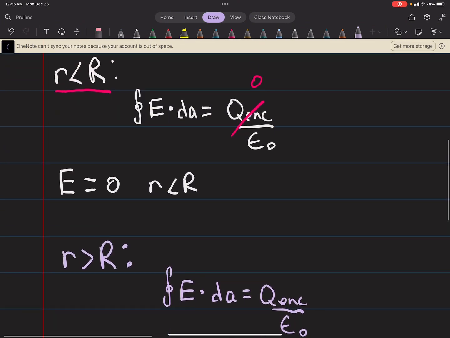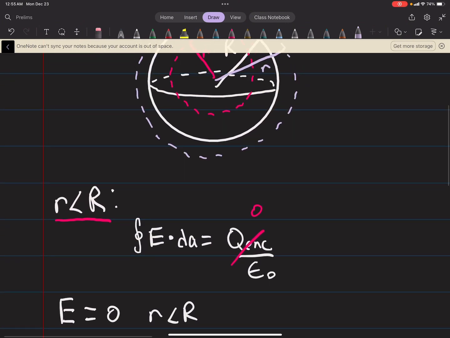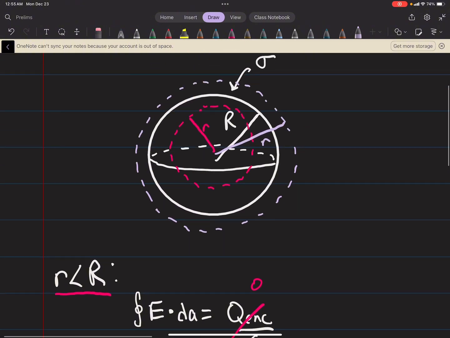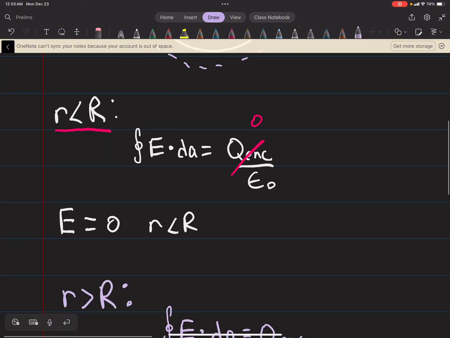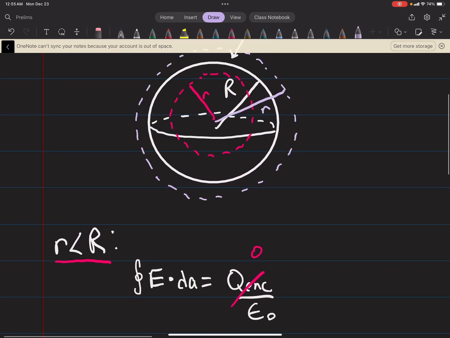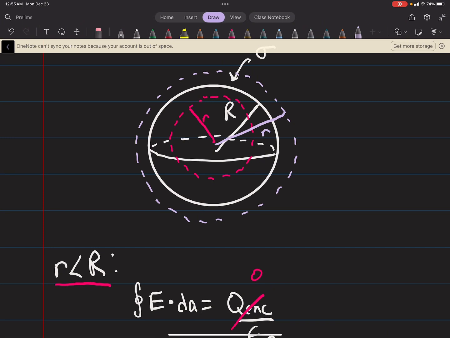Now if we look at our Gaussian surface, it's just a sphere, just like the real object we have, that purple sphere. So then we have our electric field times 4 pi little r squared. We're using the little r here because that's the radius of our Gaussian surface.